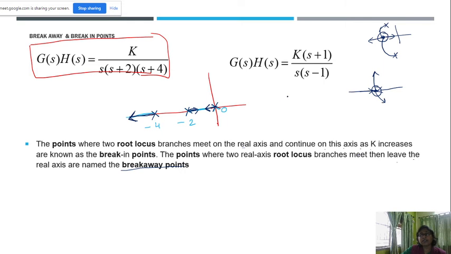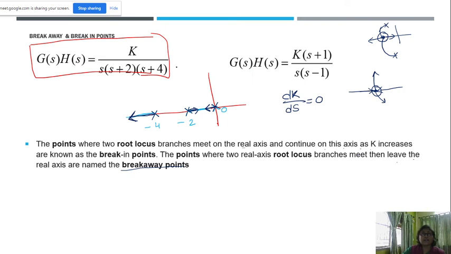The formula is dK/ds = 0. That means the rate of change of the DC gain with respect to the complex variable s will be equal to 0. To get the breakaway point we need to use this formula.